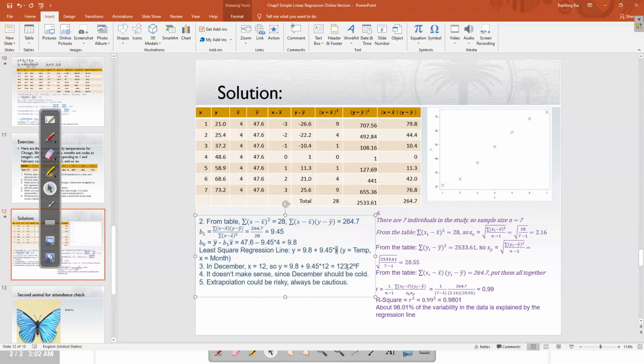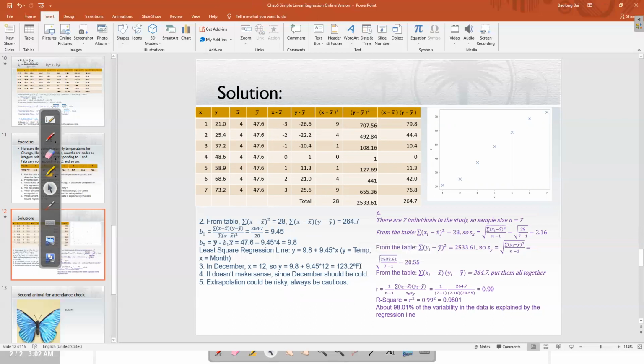And when you do that, the temperature in December will be 123 degrees. Does it make sense? Of course not, right? December in Chicago, it should be very, very cold instead of this crazy hot, right?